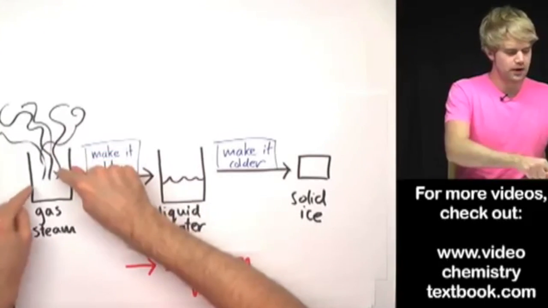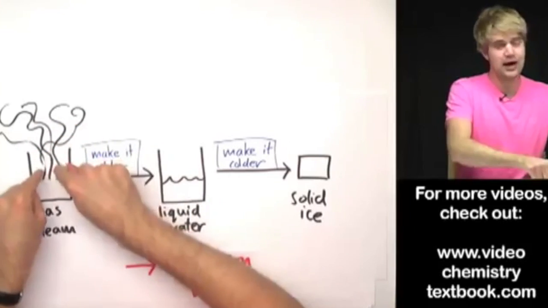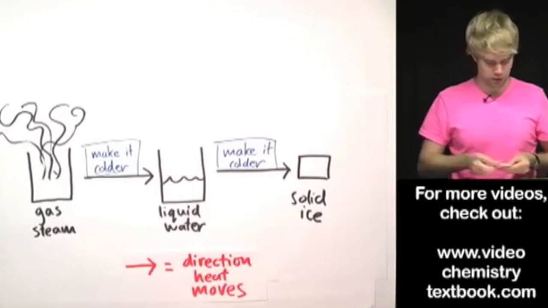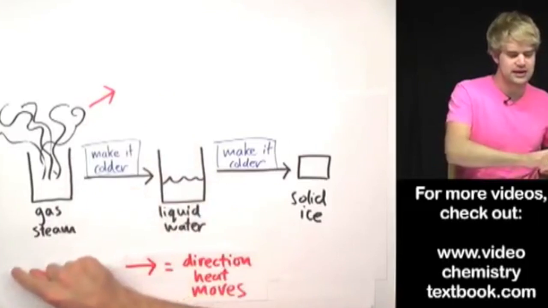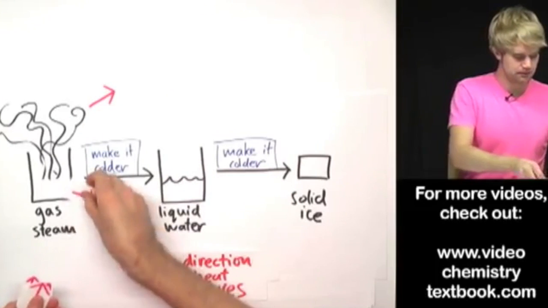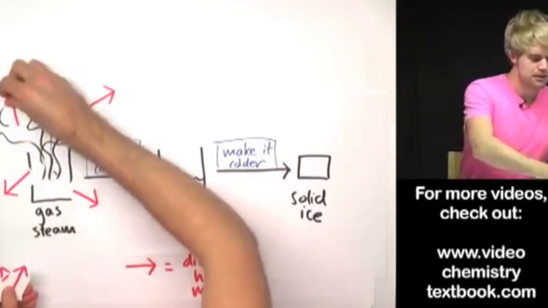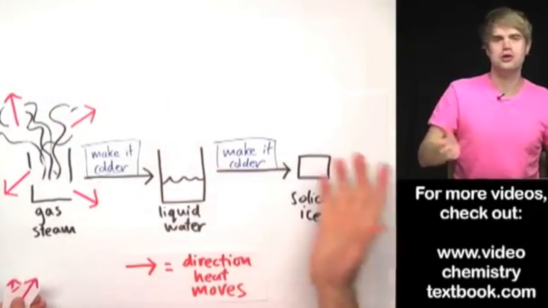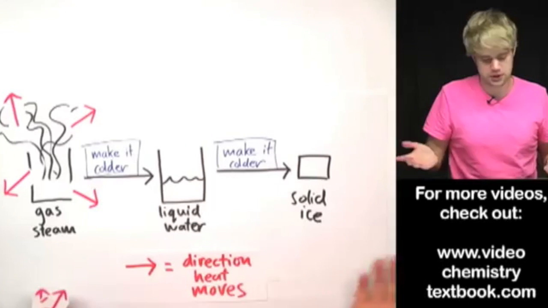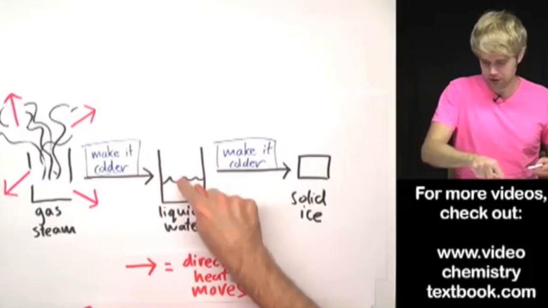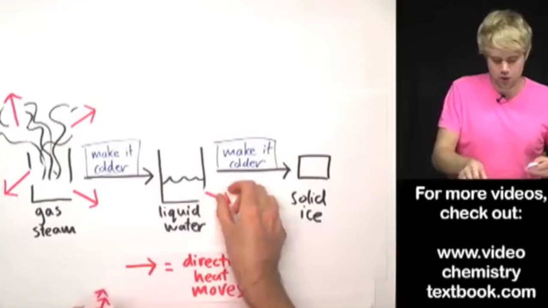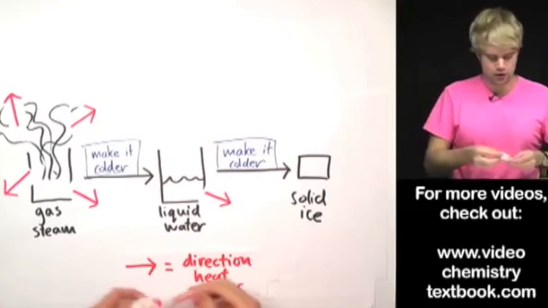Okay? If we want to go from this really hot gas to this cooler liquid water, we're going to want to move heat out of the steam. Okay? And here are the red arrows showing the movement of that heat. Maybe the heat is leaving the steam and going into a freezer or refrigerator or something. And similarly, to go from liquid water and freeze it to make solid ice, we have to get heat out of it to cool it down.